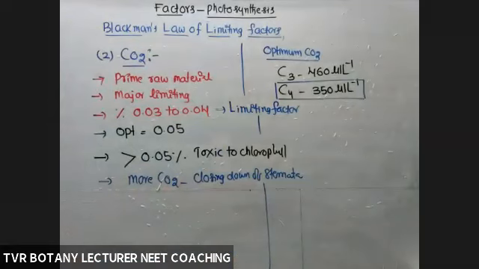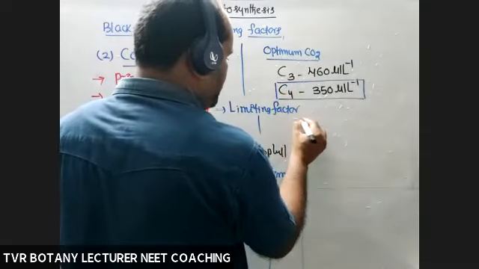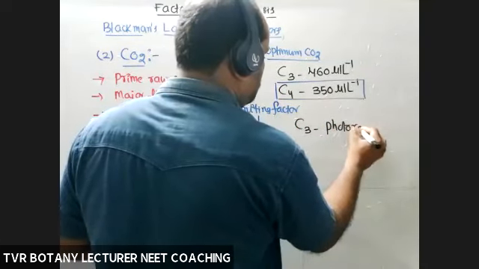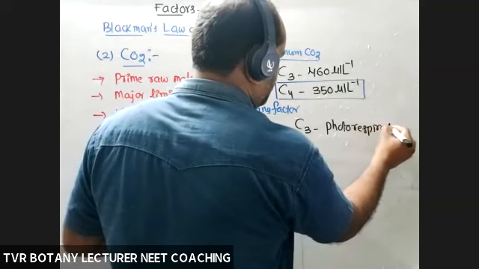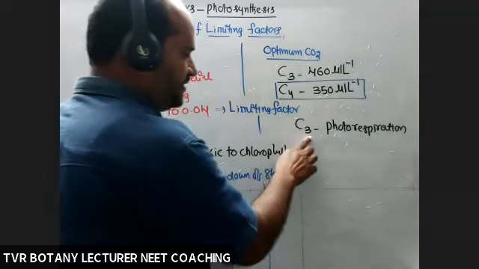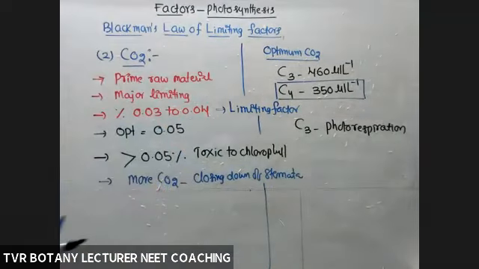But what about C3 plants? Externally, more concentration of CO2 is required. Reason, in the case of C3 plants, the problem is photorespiration. To prevent photorespiration, more concentration of CO2 is required externally for optimum photosynthetic yield in C3 plants. Reason, photorespiration, C2 cycle, glycolate metabolism.